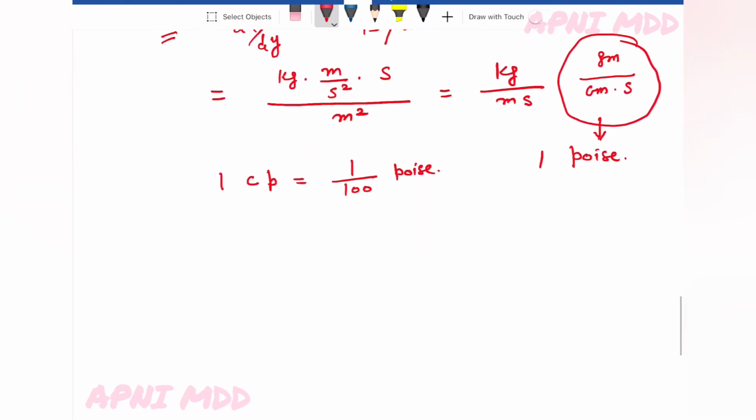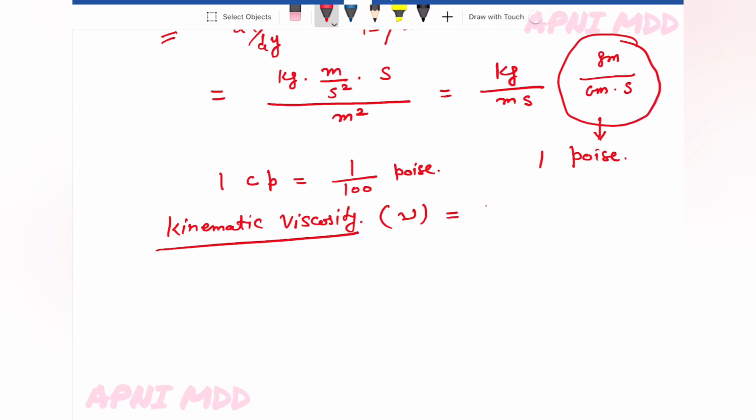Now we have one more type of viscosity that we call kinematic viscosity. The symbol is nu and it is the ratio of dynamic viscosity to the mass density. If we talk about its units, mu has unit kg per meter second and rho has kg upon meter cube, so the unit of nu becomes meter square per second.